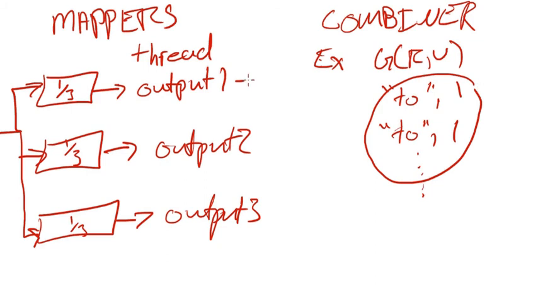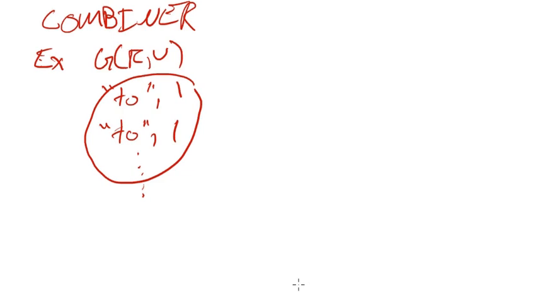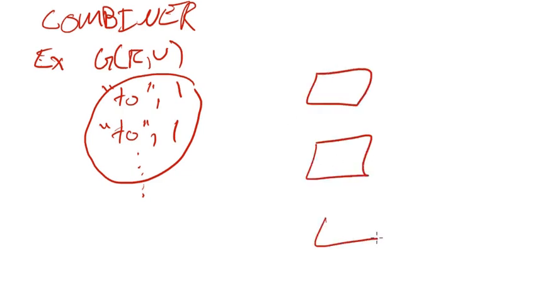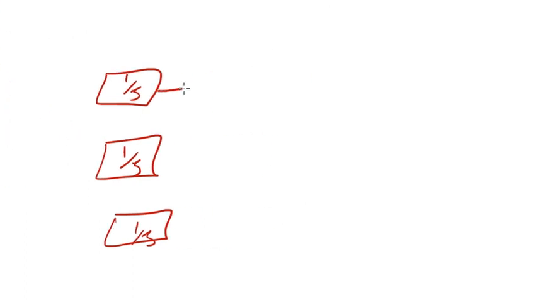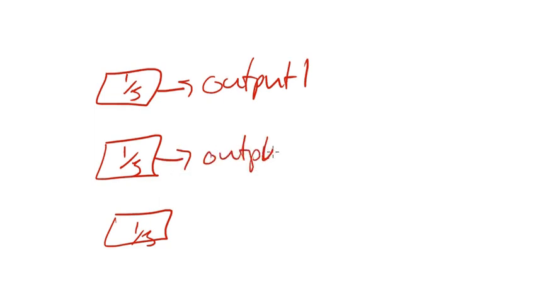So we'll get a slightly different output, and I'm going to slide over actually and draw this again. So we have our 1, 2, 3, and they all have 1/3 inside. And I get my output 1. I get my output 2.